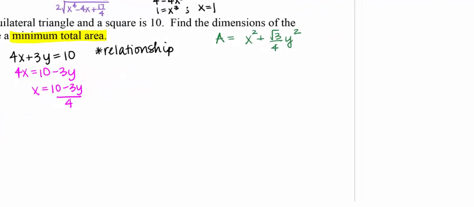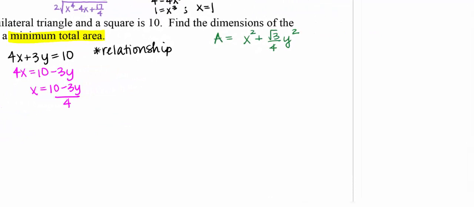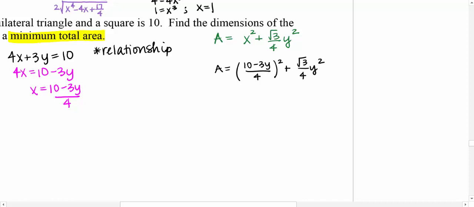So I'll go over to my area equation and I will say instead of x, 10 minus 3y over 4 all squared plus rad 3 over 4 y squared. And really, I think you've done probably the hardest part. There's maybe some numeric computation in here that might get a little tricky, because we're going to try to keep it exact here. But overall, I think you've got the idea.